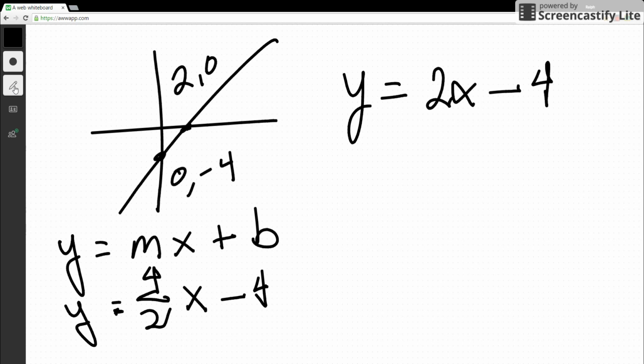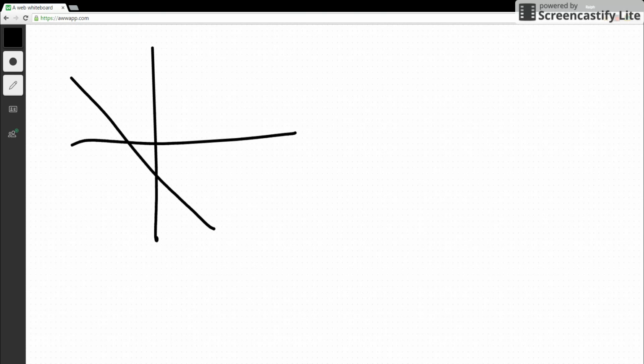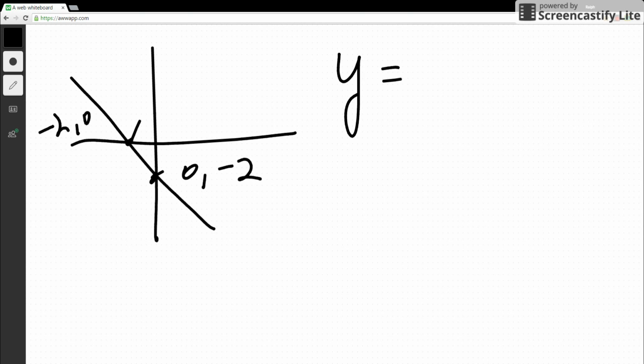Looking at the next one, same type of question. This one kind of goes like this, and it goes through the point 0, -2 and through the point -2, 0. So y equals, the y-intercept is -2, and I got to find my slope.